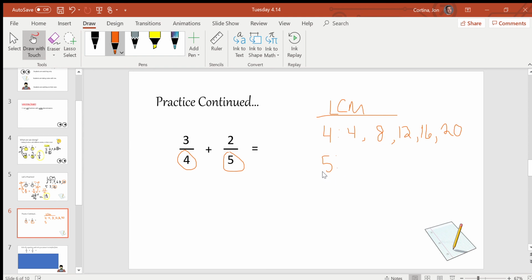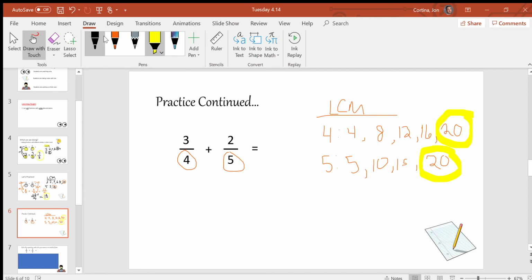Let's see what we can do with the 5. 5, 10, 15, 20. And I'm going to stop right there because I noticed that the 20 is what these two numbers have in common. That's the smallest one. We could keep going and finding more, but we want the least, so the 20 would be the least common multiple.